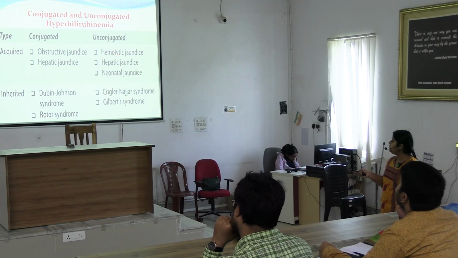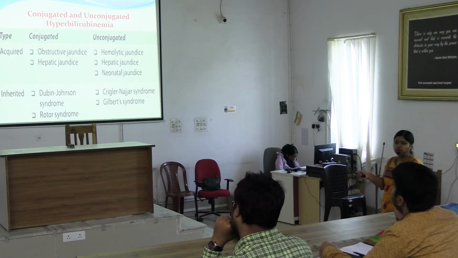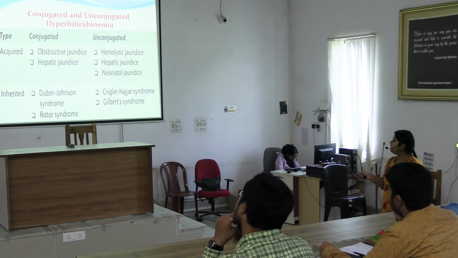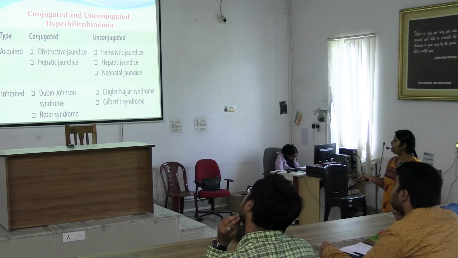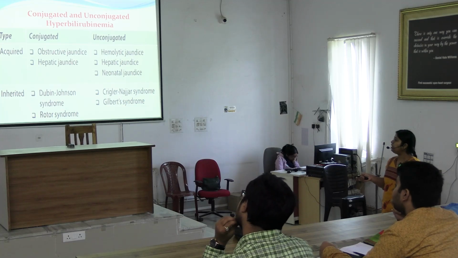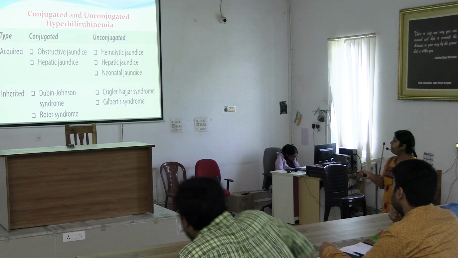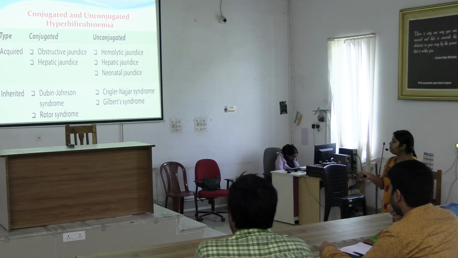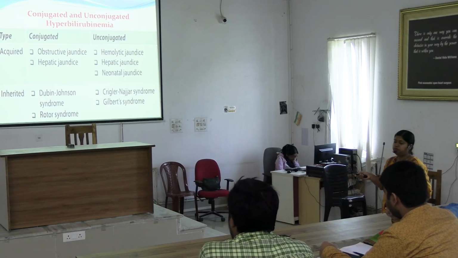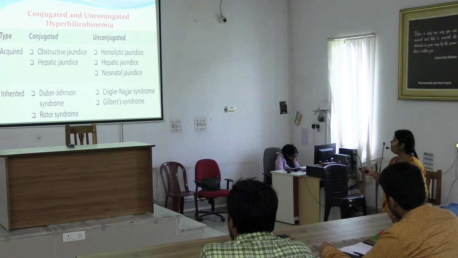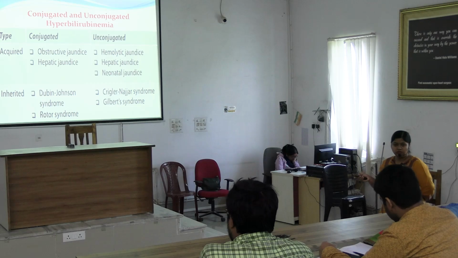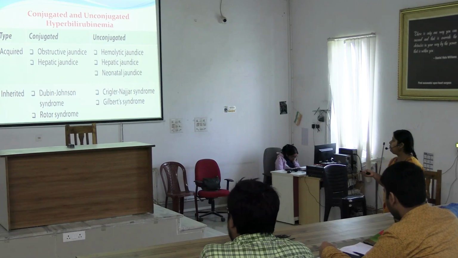Neonatal jaundice and hemolytic jaundice will majorly cause unconjugated hyperbilirubinemia. In case of inherited disorders, Dubin-Johnson and Rotor are related to secretion of conjugated bilirubin, so they will cause conjugated hyperbilirubinemia. Whereas Crigler-Najjar and Gilbert are related to uptake and conjugation, so they will lead to unconjugated hyperbilirubinemia.